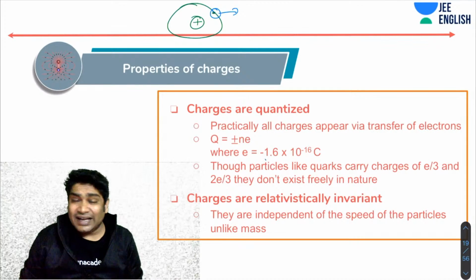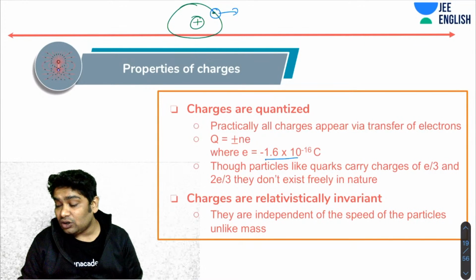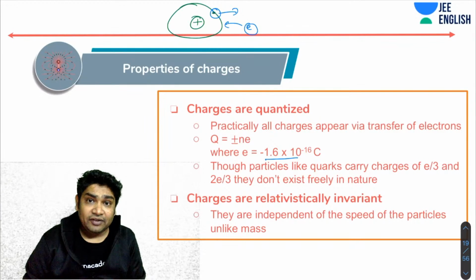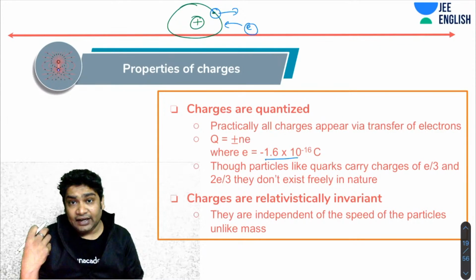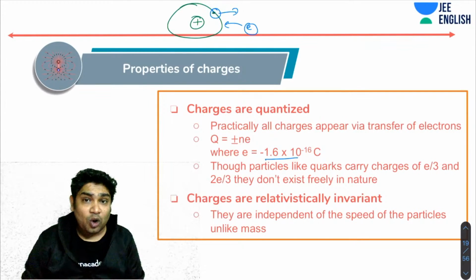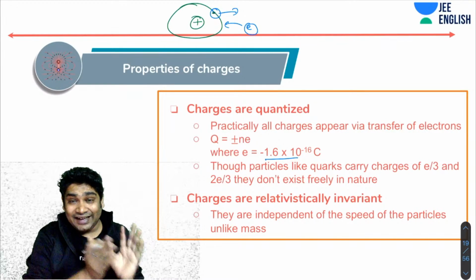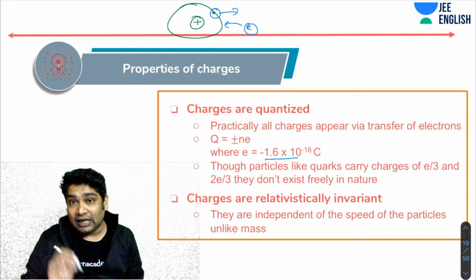Any charge that you give a body is either by taking away electrons or giving it extra electrons. So all charge that appears on any body would be an integer multiple of the charge of an electron. Please remember that.